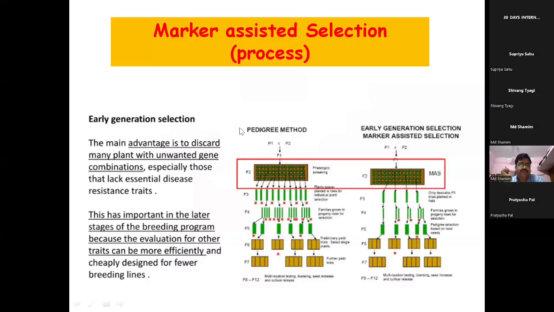This slide shows the difference between the pedigree method and marker assisted selection for early generation selection. So basically, marker assisted selection has several advantages over the normal breeding methods.